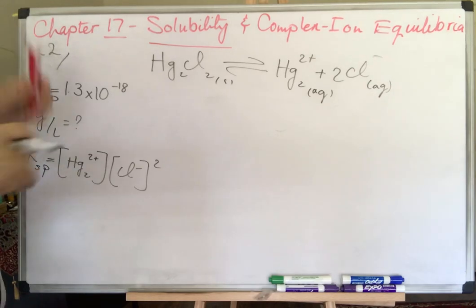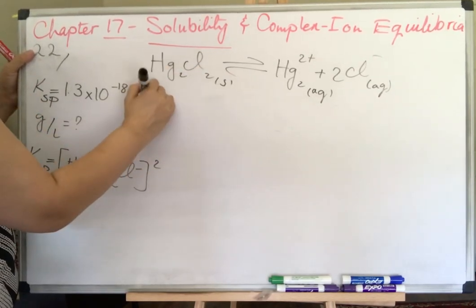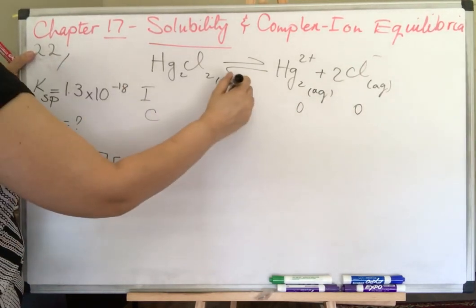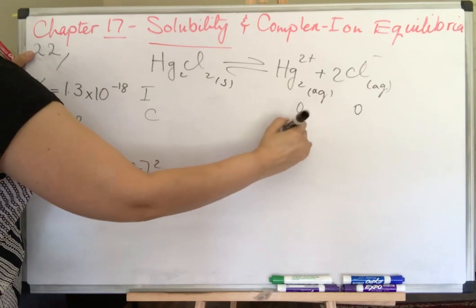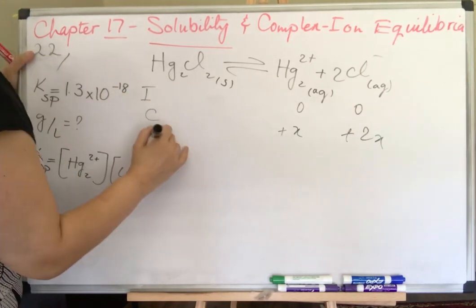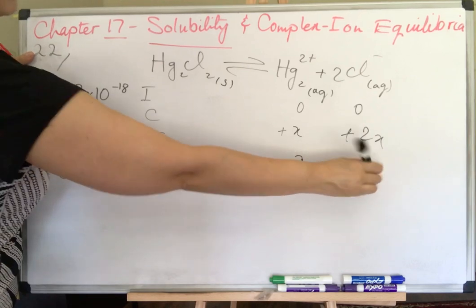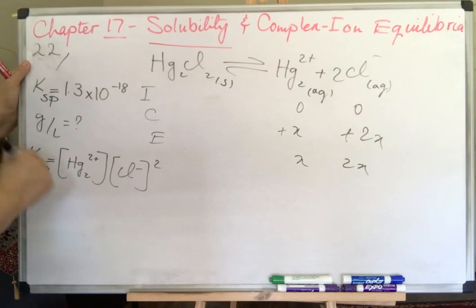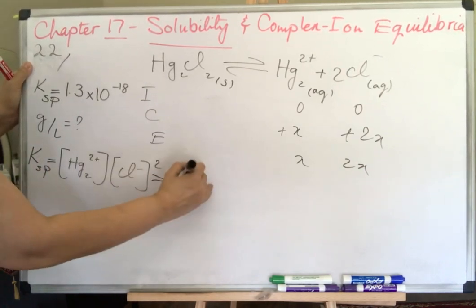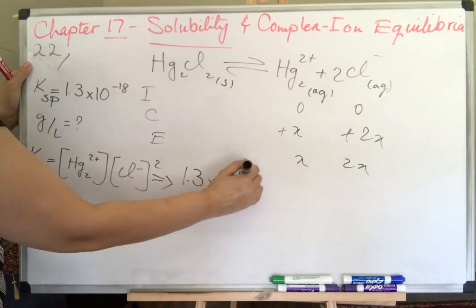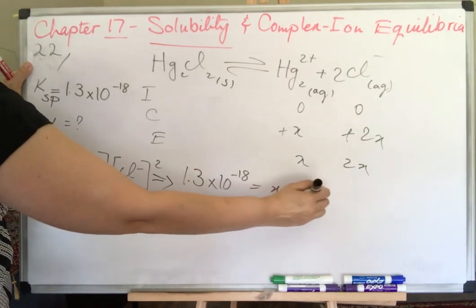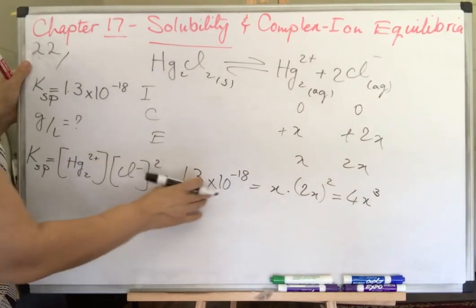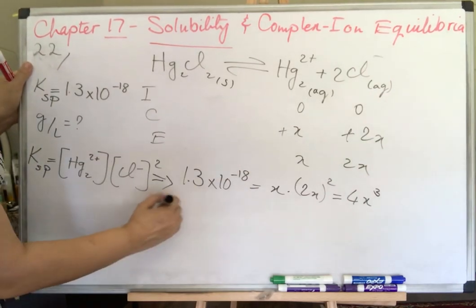So during the initial, you have 0 and 0, and during the change you have x added and 2x added. So at equilibrium you have x and 2x. So let's plug them in here because you need to find the molar concentrations. So KSP is given, 1.3 times 10 to negative 18 is equal to x times 2x squared, which would be 4x cubed. So divide this by 4 and then get the third root.